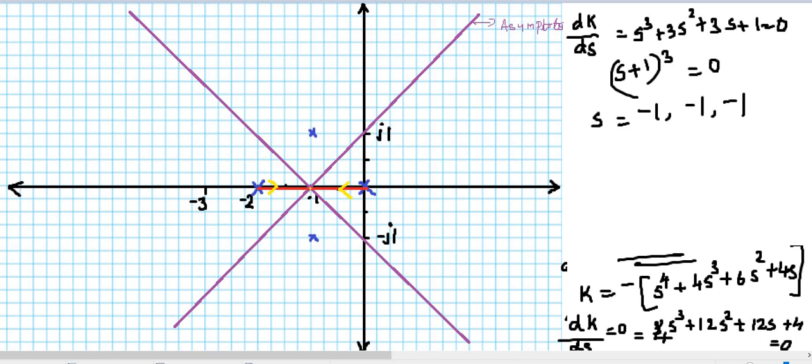The path of the root locus will be through the asymptotes only. It will not cross the asymptote, since the centroid and breakaway point are the same. The root locus branches starting from 0 and minus 2 will meet at the breakaway point at minus 1. S equal to minus 1 is our breakaway point.